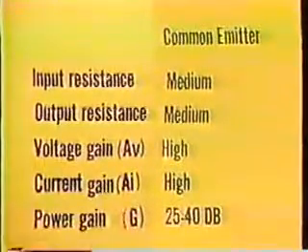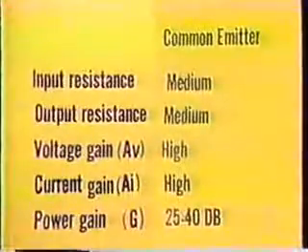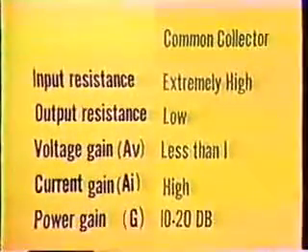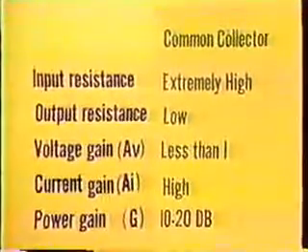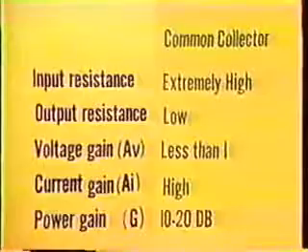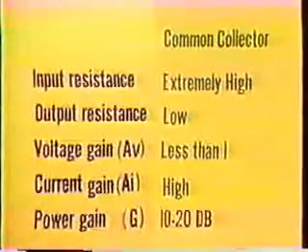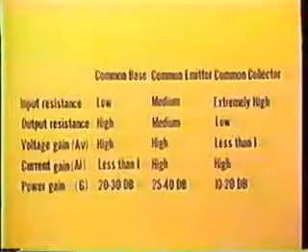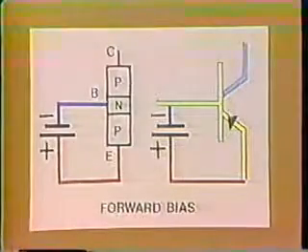For the common emitter, the input resistance is medium, the output resistance is medium, the voltage gain is high, the current gain is high, and the power gain is 25 to 40 dB. For the common collector type, the input resistance is extremely high, the output resistance low, the voltage gain less than 1, the current gain high, and the power gain 10 to 20 dB.